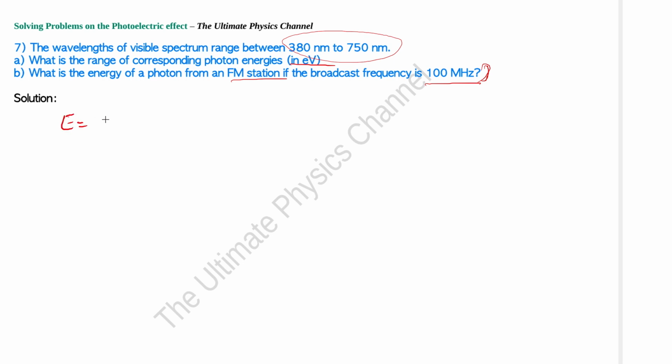We know that the photon energy is given in terms of wavelength by h c over lambda, and for 380 nanometers, by substitution into this formula for lambda, we would get about 5.23 times 10 power minus 19 joule.